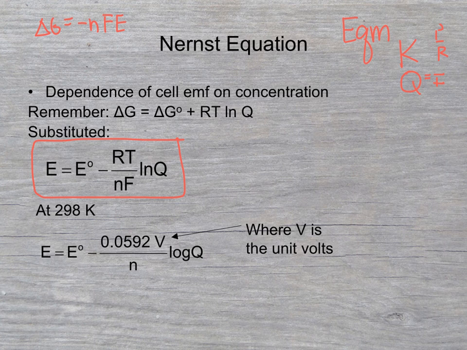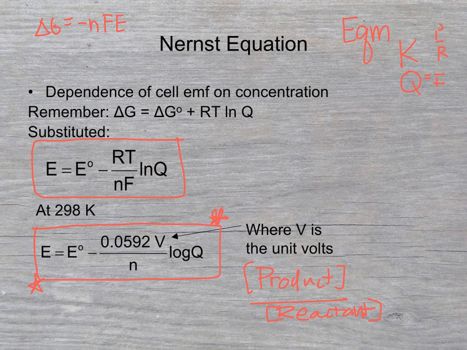So we can do a little bit of additional derivation, and this equation is the one that you're going to find much more useful. We'll go ahead and star this one so that you remember it. E equals E0 minus 0.0592 volts over N, that's your number of electrons transferred, times the log of Q. Remember, Q is found by taking the products' concentration over the reactants' concentration.